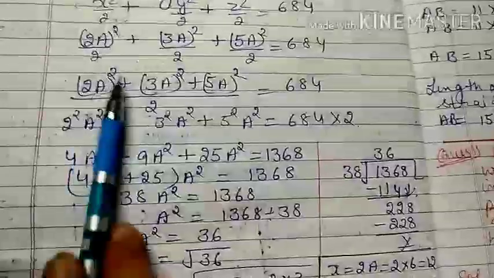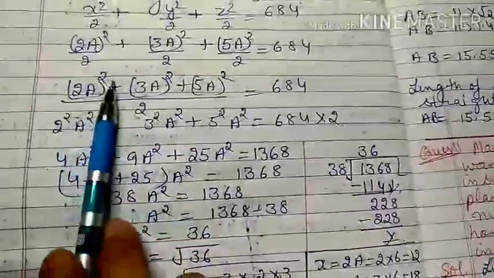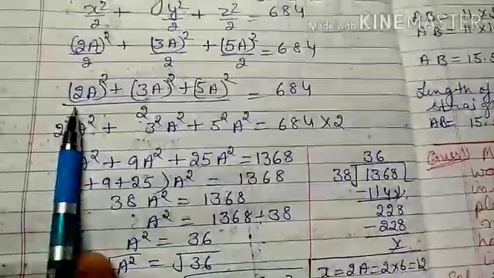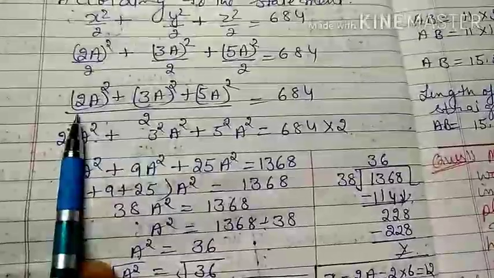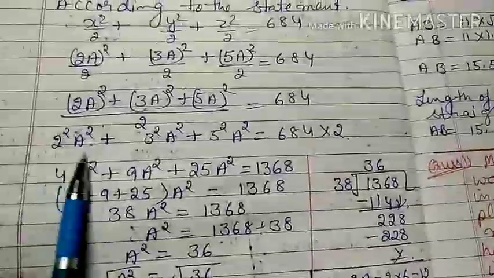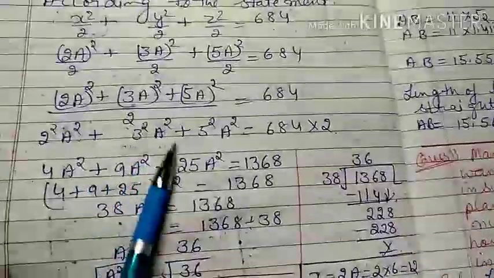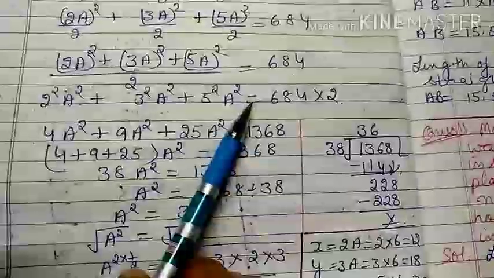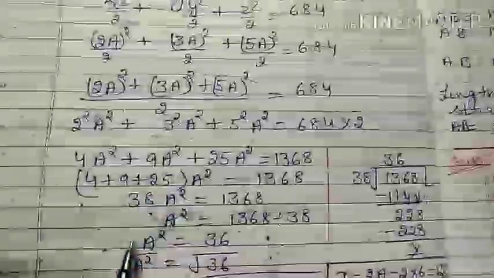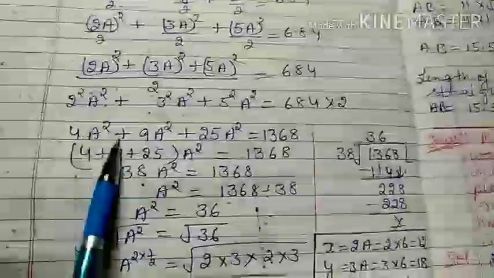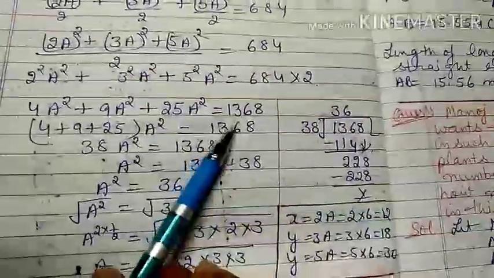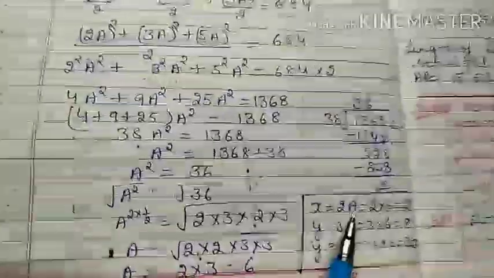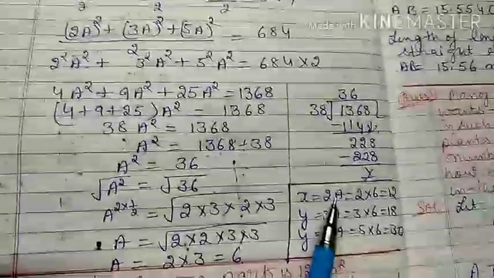Here, when the power is common for the different terms, each power should be applied to whatever base is multiplied within the bracket, like 2 square a square plus 3 square a square plus 5 square a square is equal to 684 into 2. That gives me 4a square plus 9a square plus 25a square is equal to 1368, and when you add the terms, that is 38a square.